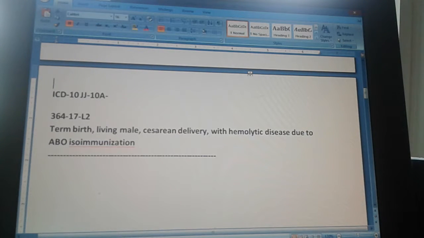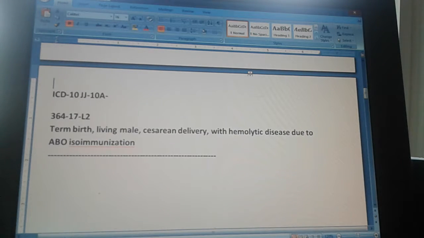This is a term birth, meaning it went through the complete term, the 9 months. It's a living male, delivered by cesarean, but there's a problem with the newborn. He has hemolytic disease due to ABO isoimmunization.